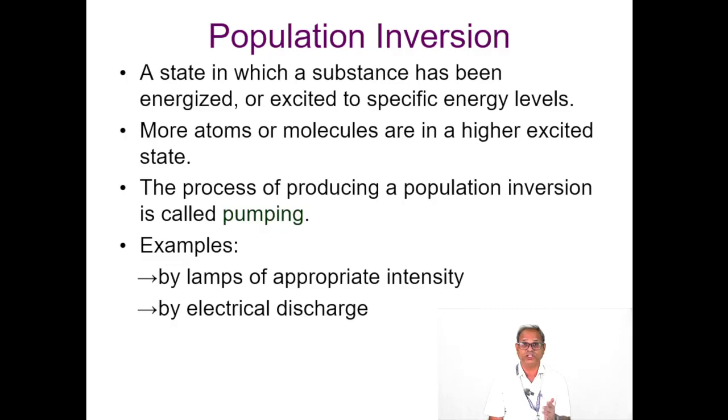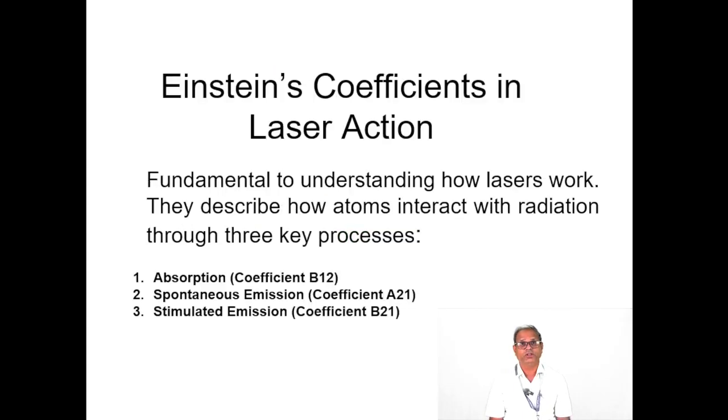We have to give an external source of energy, that is you can flash light of sufficient frequency and sufficient intensity on the laser medium, or you can apply an external potential difference or electric discharge to the laser medium, so that atoms will move from the ground state to the excited state. So, these are the two examples we have written, that is a flash lamp can be used to make the population inversion, and secondly an electric discharge can be used to make the population inversion.